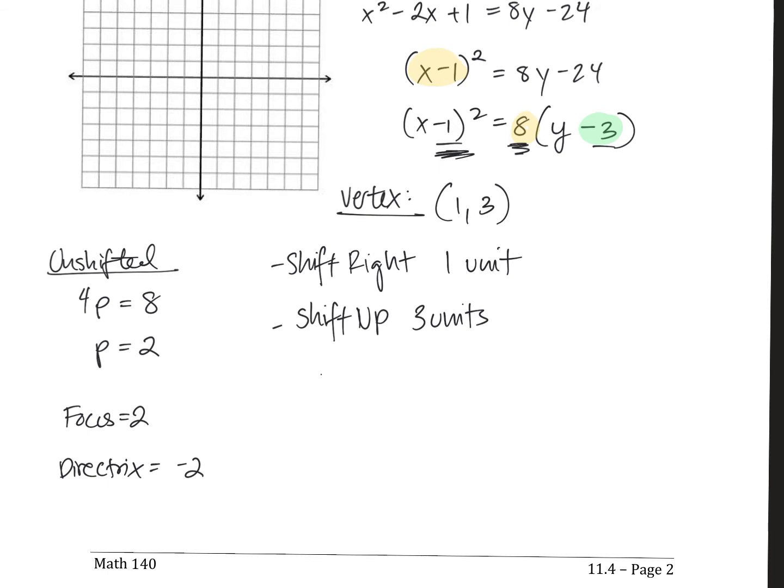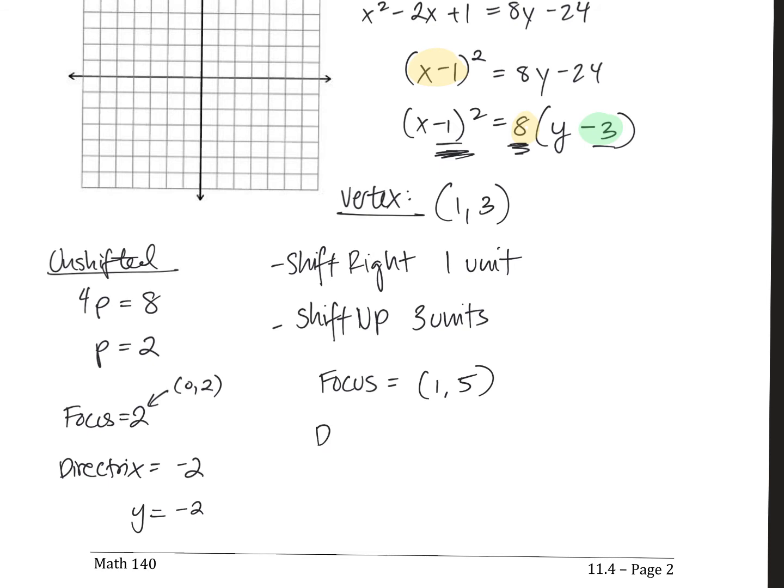Alright, so that means our focus, the usual point is at 0, 2. Right here, 0, 2. But we're shifting right 1 unit, so that means we're going to add 1 to the x values. And then we're shifting up 3 units, which means we're going to add 3 to the y values, so we'll end up with 1, 5 for our focus. Now the directrix, that is the line y equals negative 2.